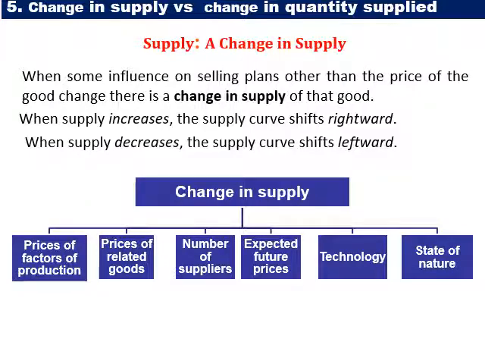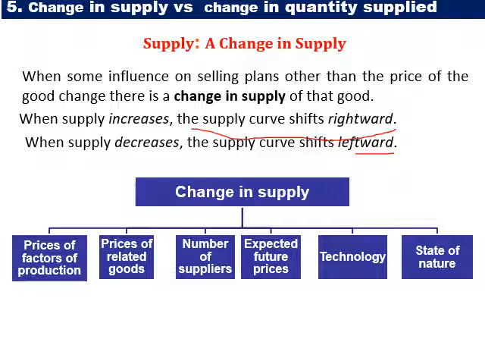So we will have a new supply curve. And here we have to distinguish between two cases: when supply increases and when supply decreases. When supply increases, the supply curve will shift to the right, and when supply decreases, the supply curve shifts to the left. But what are the factors that will lead to these changes in the supply?